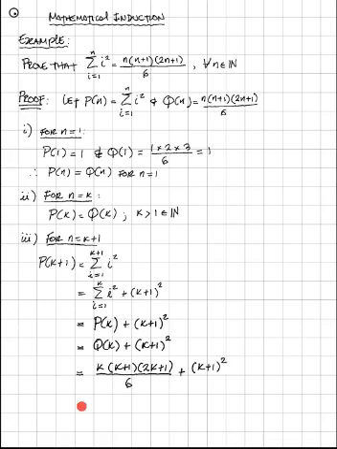And then with a little bit of algebra, we can say that this is equal to: I'm going to take (k+1) as a common factor, which leaves 2k plus 1, and then in here we're going to put plus 6(k+1), all inside the brackets, and then we can divide everything by 6.